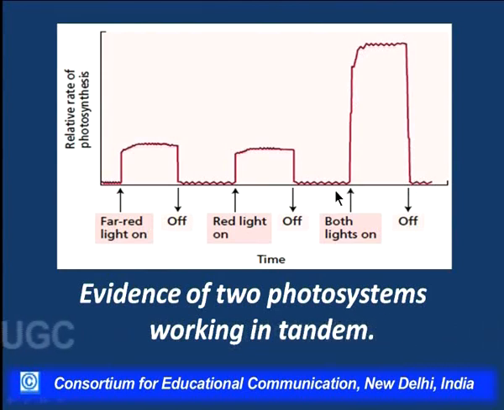It was very good evidence for these two photosystems. Why did we call the term photosystem? Because the electrons were being excited twice, so there must be two different or adjoining areas doing this business, working in tandem.